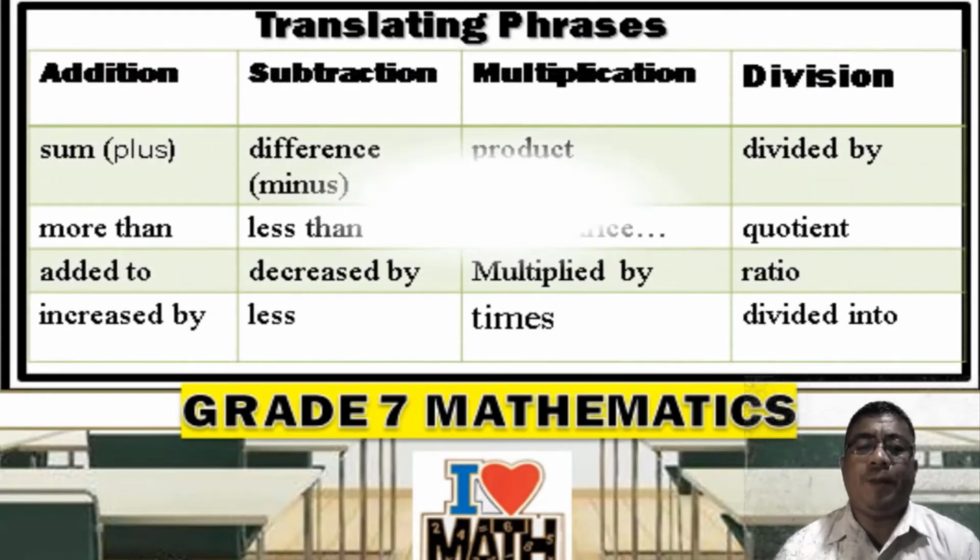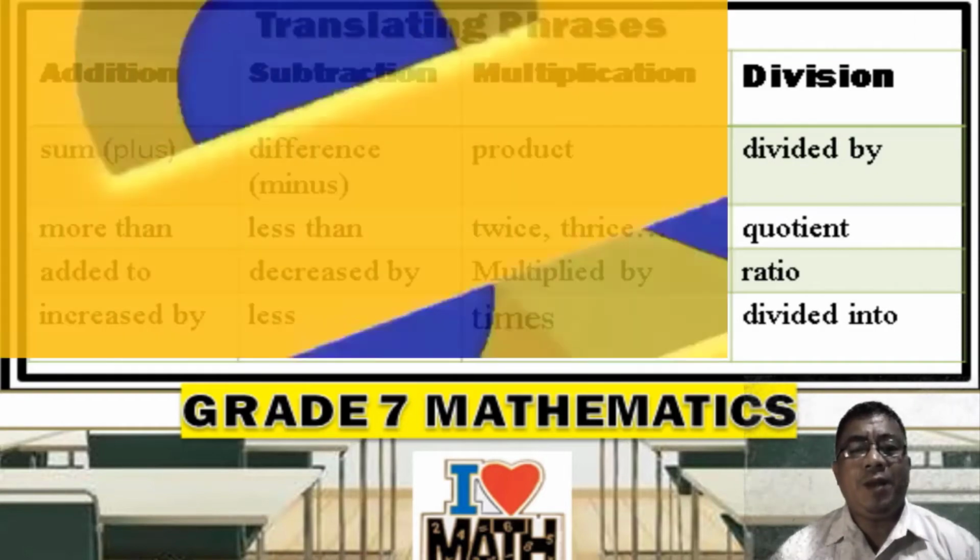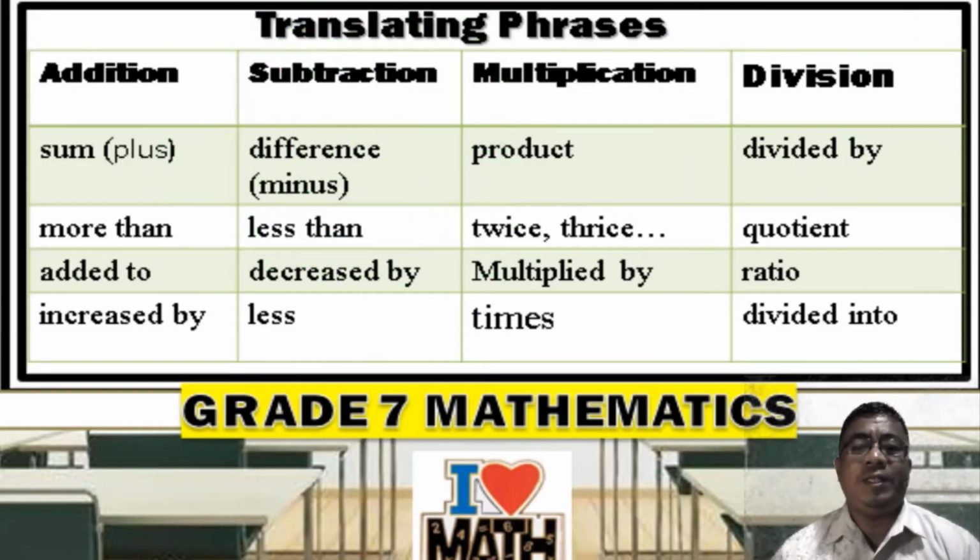Consider the 4 basic operations: addition, subtraction, multiplication, and division. When we talk about addition, we simply have the phrases to be considered: sum, plus, more than, added to, increase by.